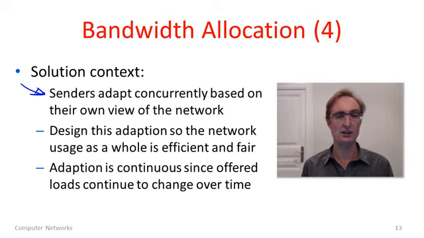So all of the senders are operating independently and concurrently. Nonetheless, we want to design the way they operate and adapt their load such that the network as a whole arrives at an efficient and fair allocation when you sum up all of the independent actions of these senders.